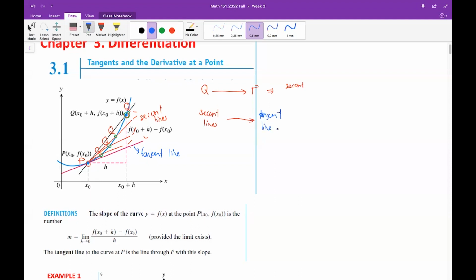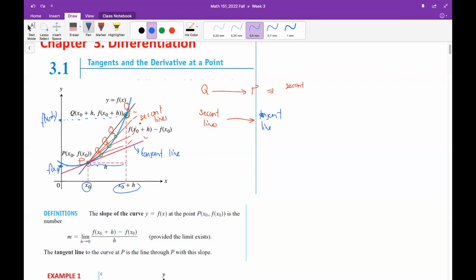Okay, and let's look at the xy components of the given points. Here, this point is x0, then the image of it here will be f of x0, obviously, and here we call this point x0 plus h, and this is the image of it. And you see that this length is exactly h.